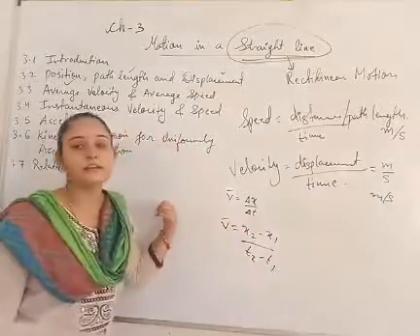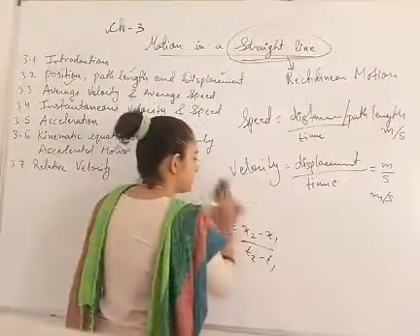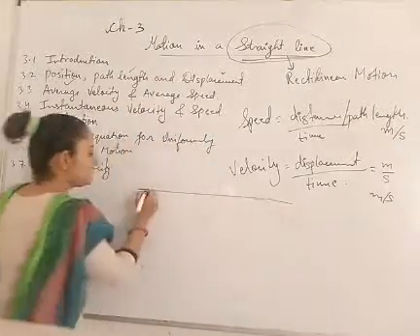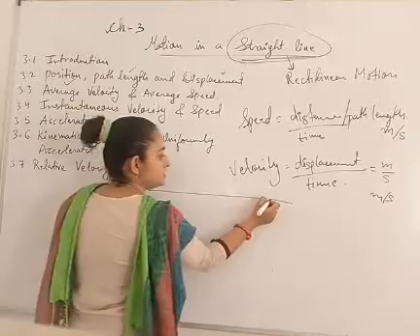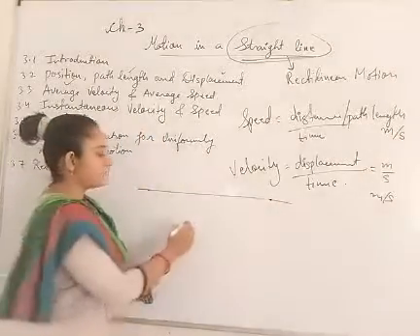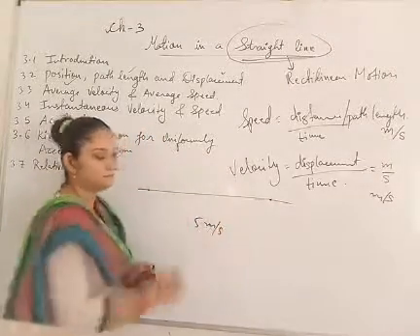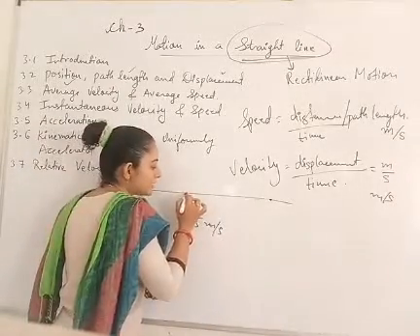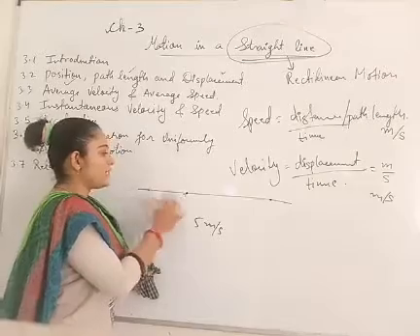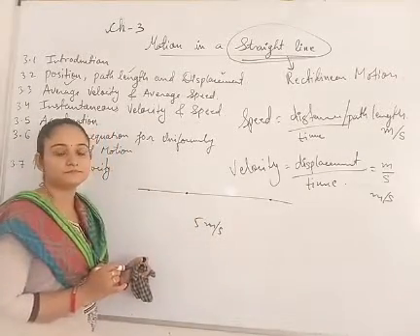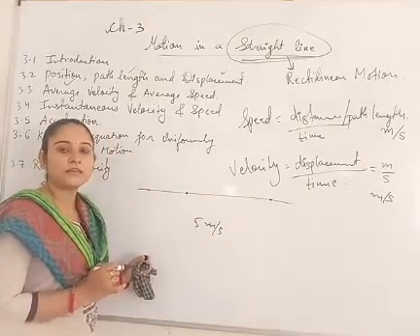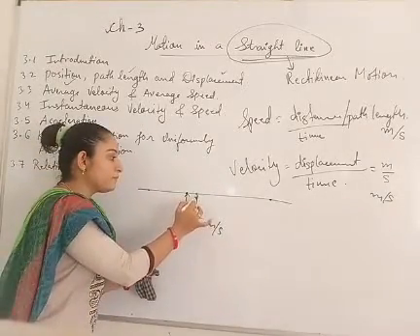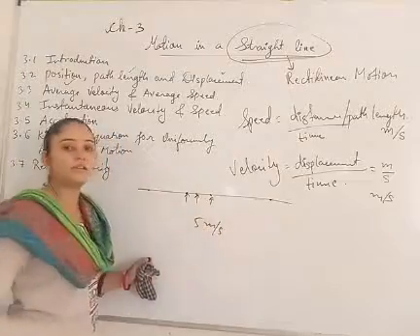But instantaneous means, for example, consider one straight line. At this point and at this point, the average velocity is, say, 5 meter per second. But do you know what the velocity of an object is at this point? At each and every point we don't know what it is.